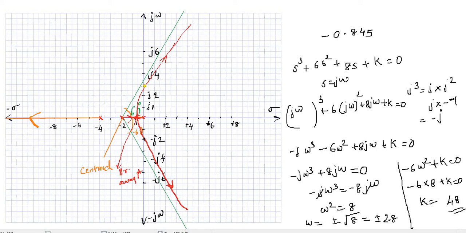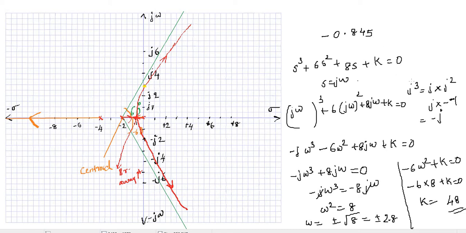Okay, the real part will be 0 at this crossing point, and we already have from this equation that the value of omega is equal to plus or minus 2.8.